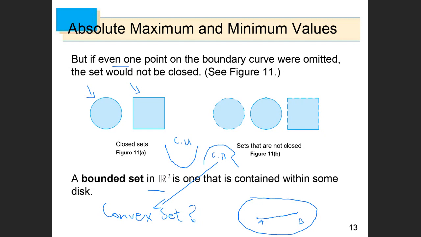While this one, what do you think? This one is not convex. If I take two points from two different sides, some points of the segment are inside the set, some are not. So this set is not convex, it is what we call concave.